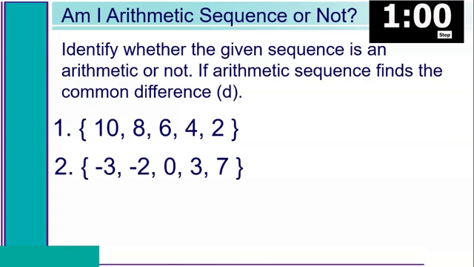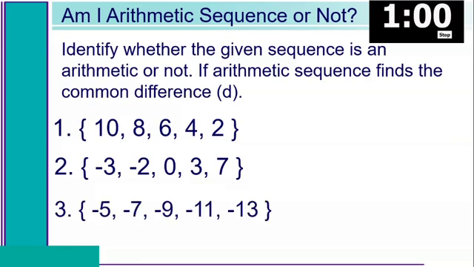For number 2, we have -3, -2, 0, 3, and 7. And for number 3, that is -5, -7, -9, -11, and -13. I will give you 1 minute to do the problem, and after that, we will check your answers.